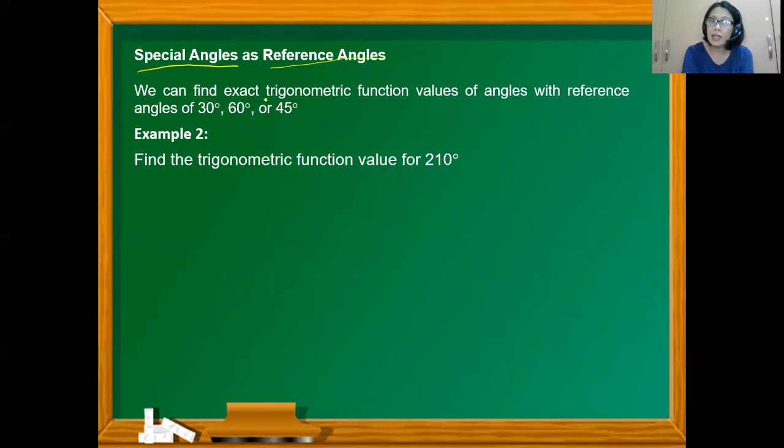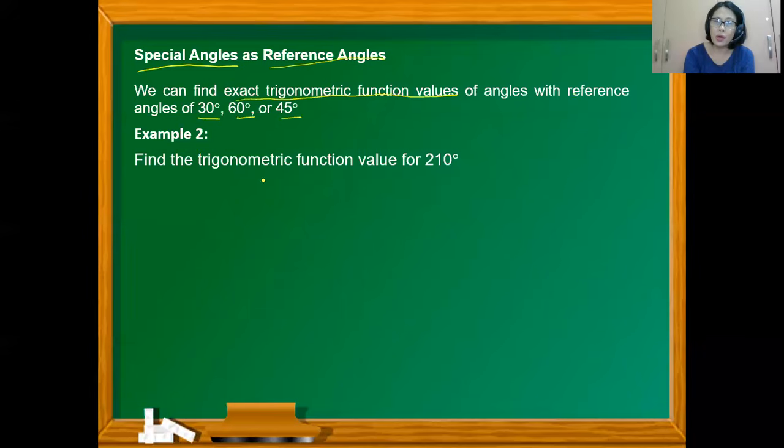Now, we can find exact trigonometric functions with reference angles equal to 30, 60, and 45. We will be limiting the discussion here to finding an exact value for a non-acute angle with a reference angle equal to special angles.